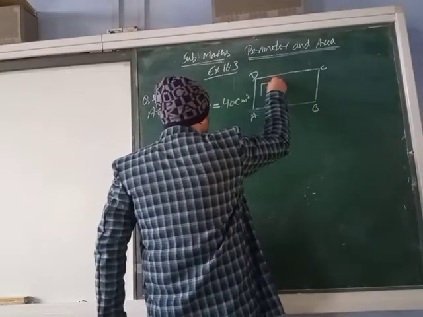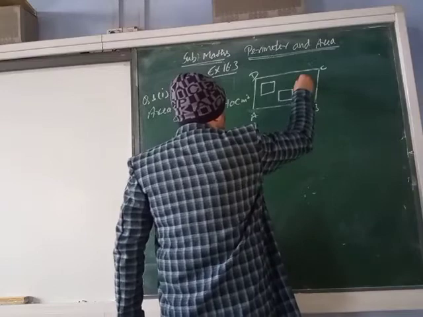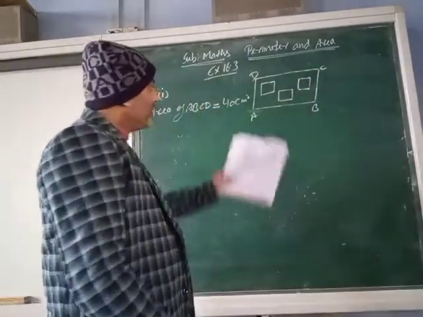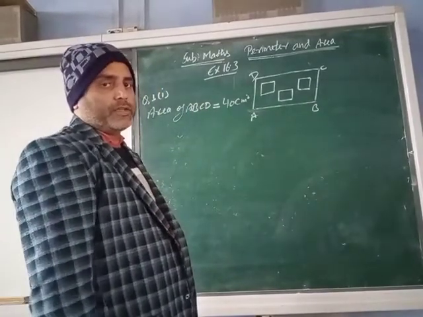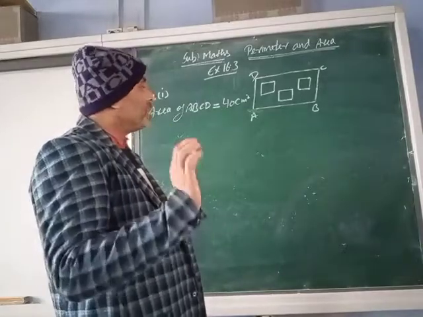Suppose we have taken three smaller squares whose area is 2.5. If we cut three pieces from this rectangular piece, then there will be some area left. Then we have to find out what is the left area.